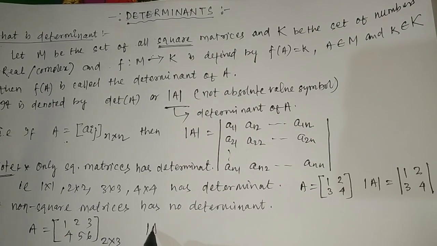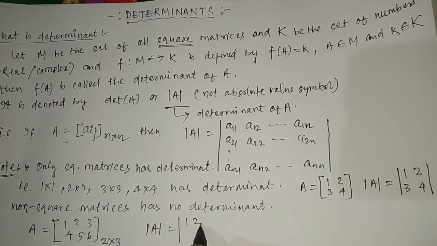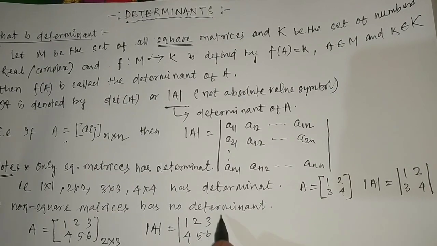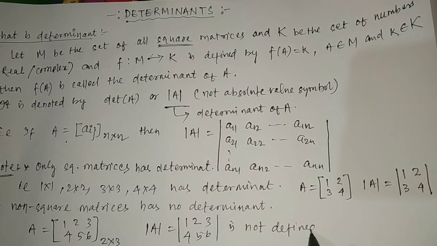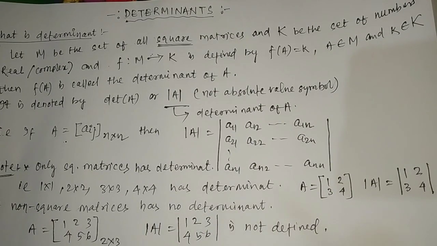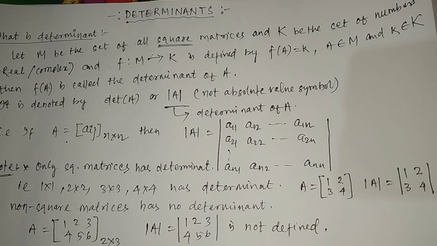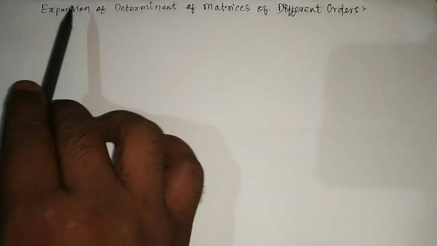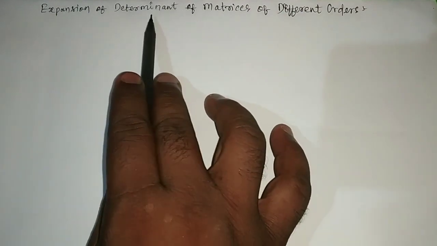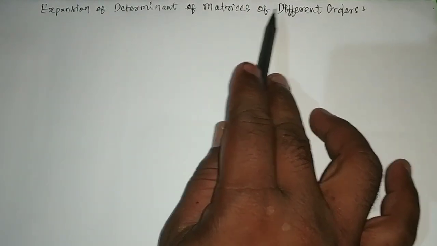That means determinant of A is not defined. In case of a determinant, we can calculate a unique number. Okay. Now we discuss expansion of determinants of matrices of different orders.